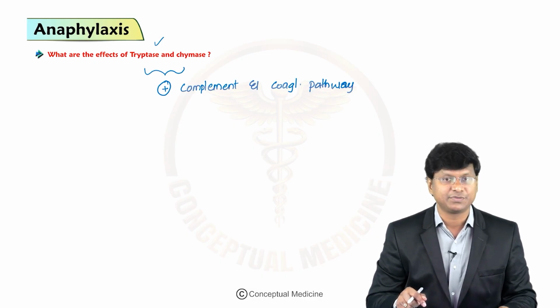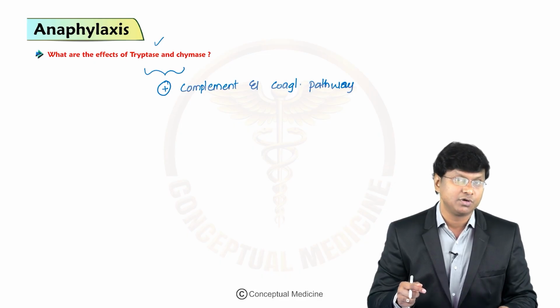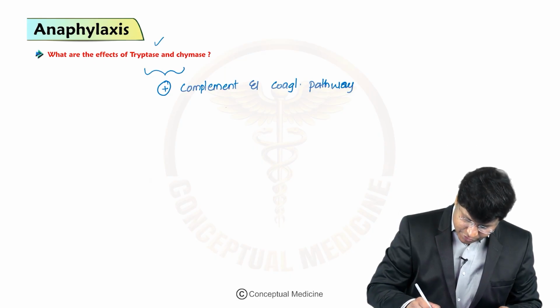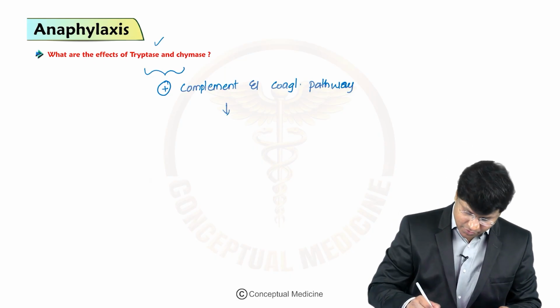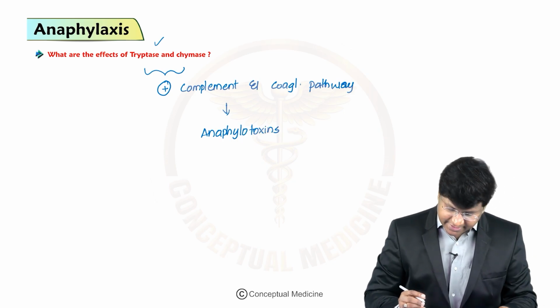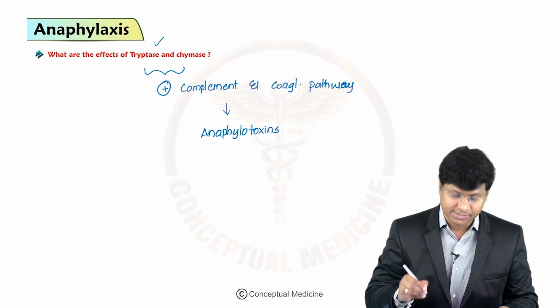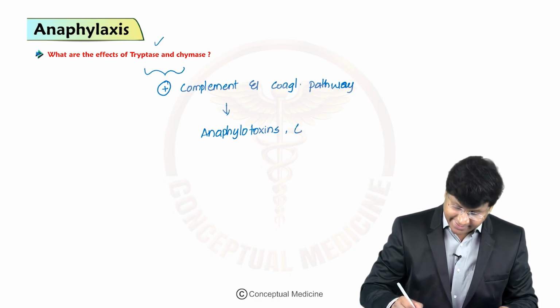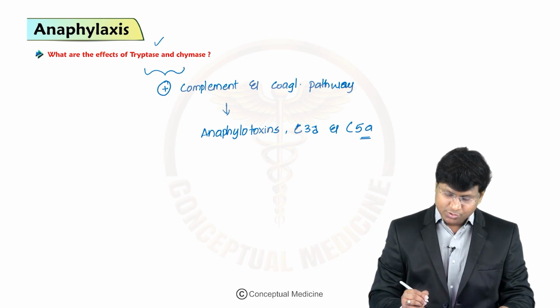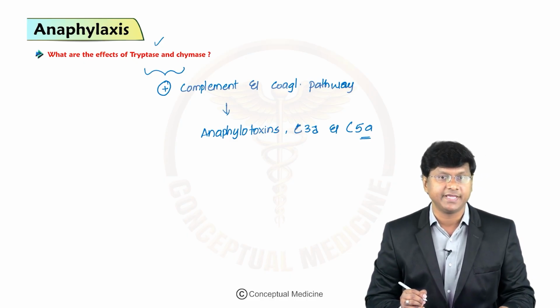Activation of these pathways will result in the production of anaphylatoxins, that is, release of C3a and C5a.